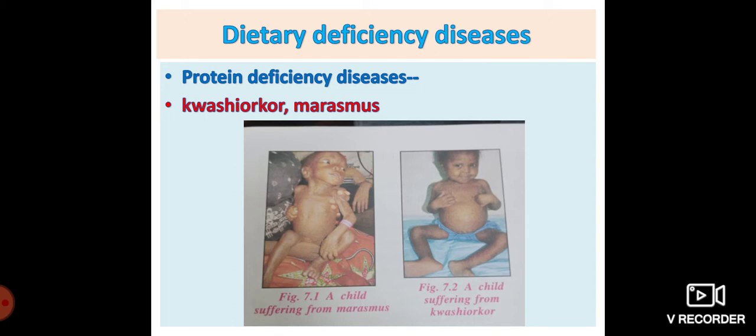Proteins and carbohydrates are needed by our body in large quantity, whereas vitamins are needed by our body in small quantity. There are different types of vitamins, such as vitamin A, vitamin B, vitamin C, vitamin D, vitamin K, etc. Lack of any vitamin in sufficient quantity causes a disease.